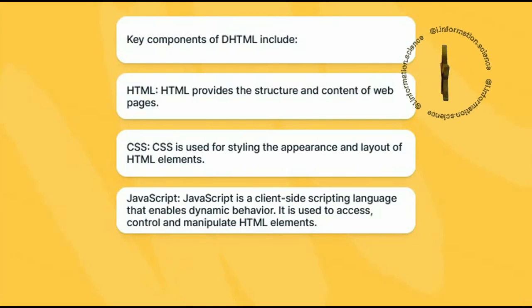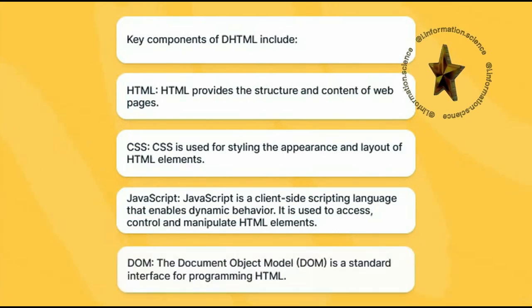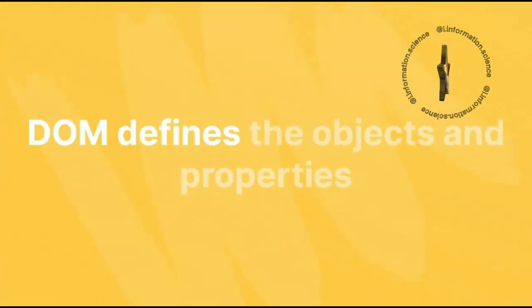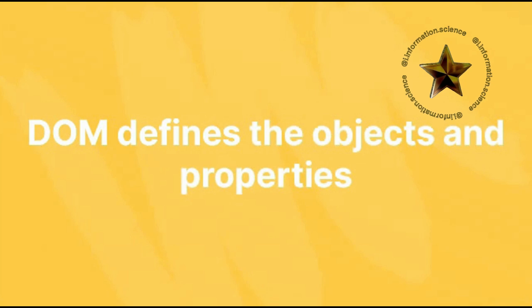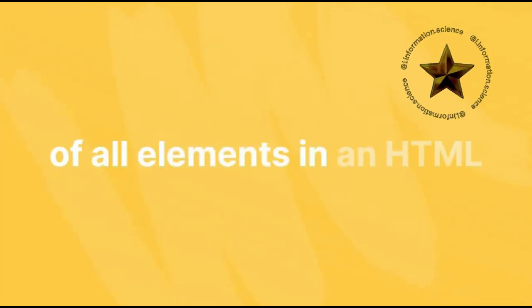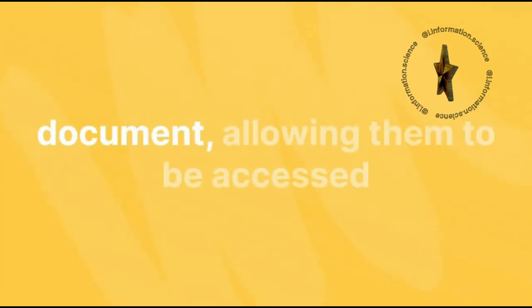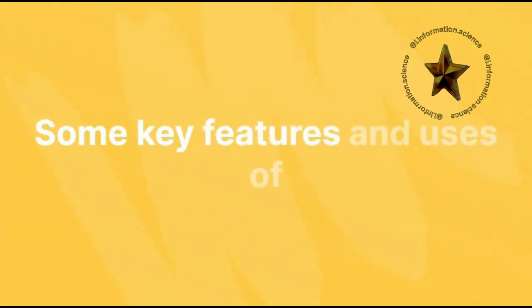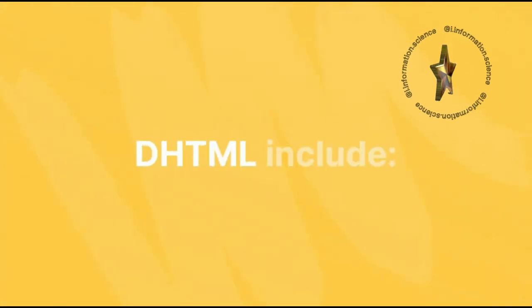It is used to access, control and manipulate HTML elements. DOM, the document object model. DOM is a standard interface for programming HTML. DOM defines the objects and properties of all elements in an HTML document, allowing them to be accessed and modified by JavaScript.